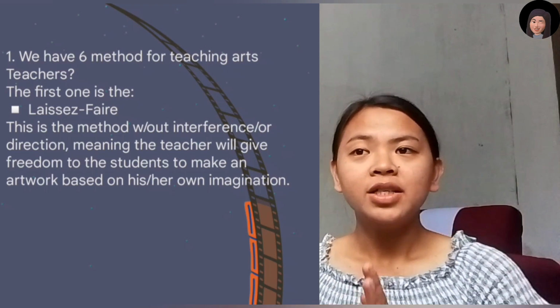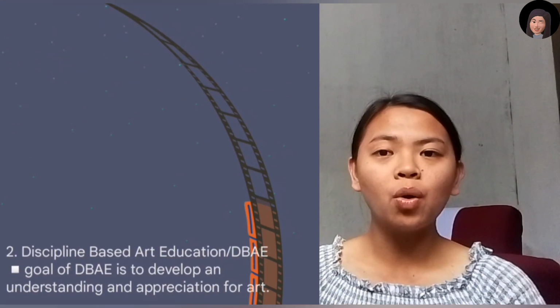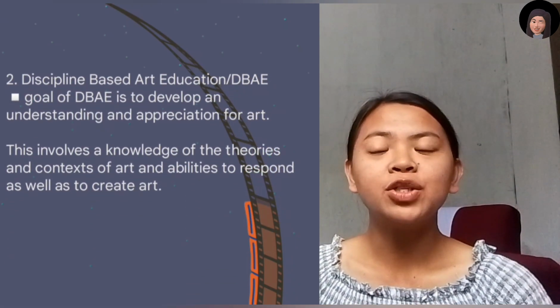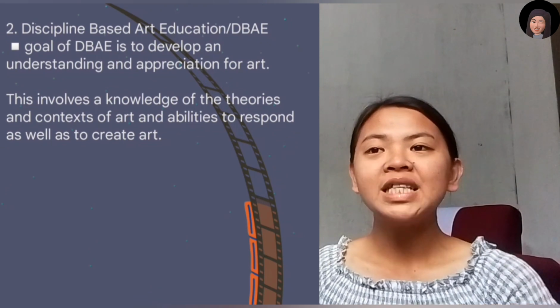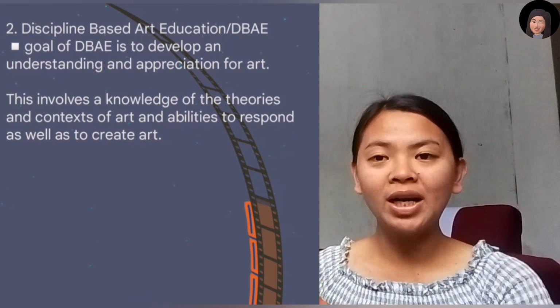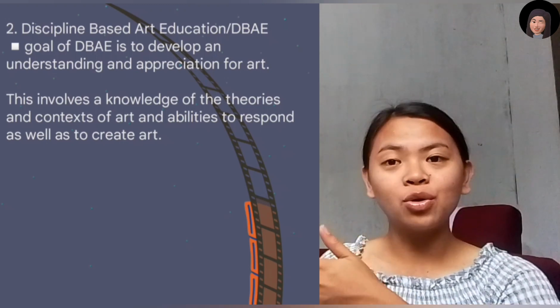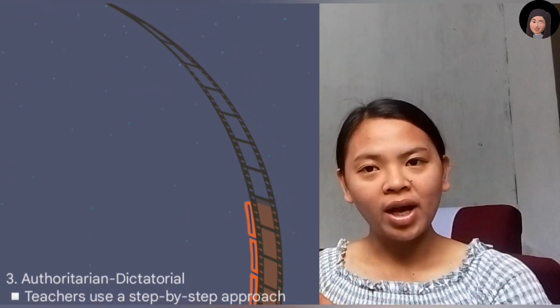The second strategy is discipline-based art education, or DBAE. Its goal is to develop an understanding and appreciation for art. This involves a knowledge of the theories and contexts of art and abilities to respond as well as to create art. The third one is authoritarian dictatorial.